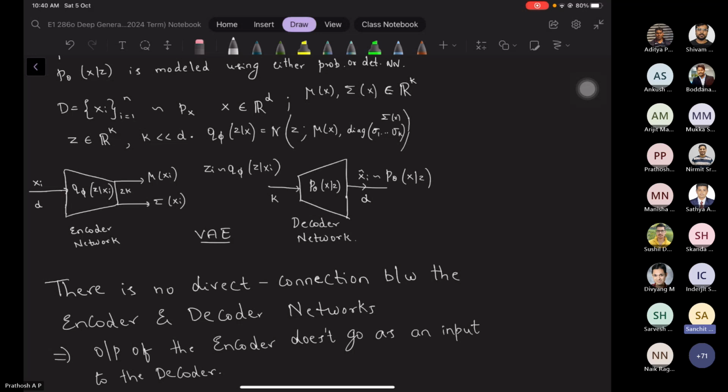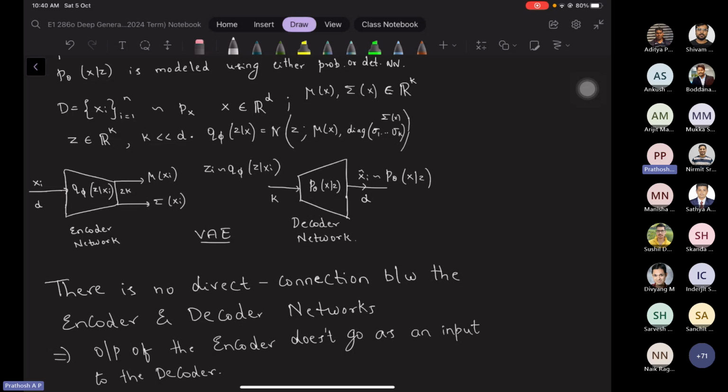Sir, I have one question. Yeah, go on. For q phi of z given x, we say that it is a normal distribution on the variable z with mean mu x and variance sigma x. Why are this mean and variance on x? They should be on z, right? No, I mean that they are functions of x.